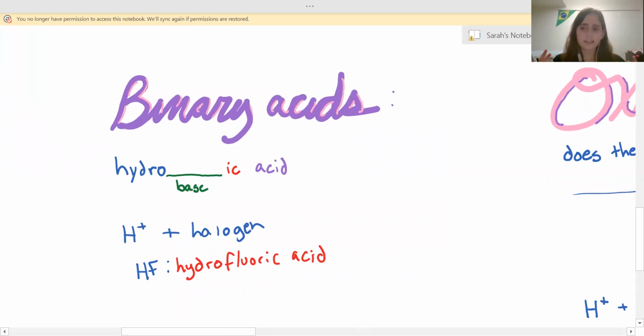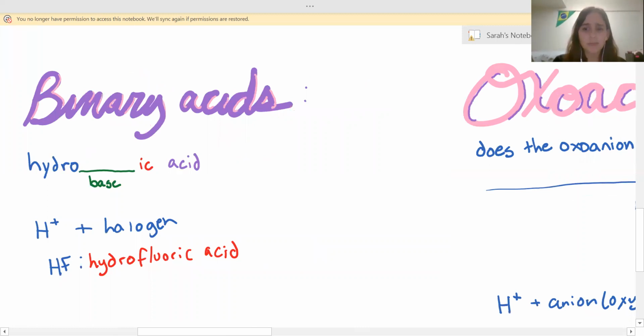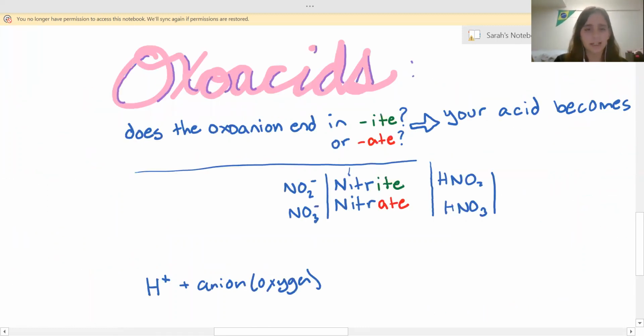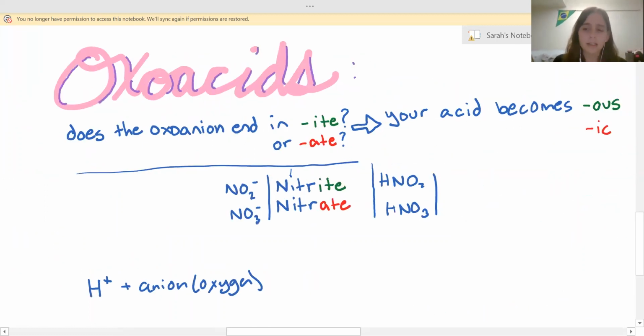Now oxoacids are a little bit different because they usually involve polyatomic ions, which I'll get to in a second. So polyatomic ions usually have a defined name to them.